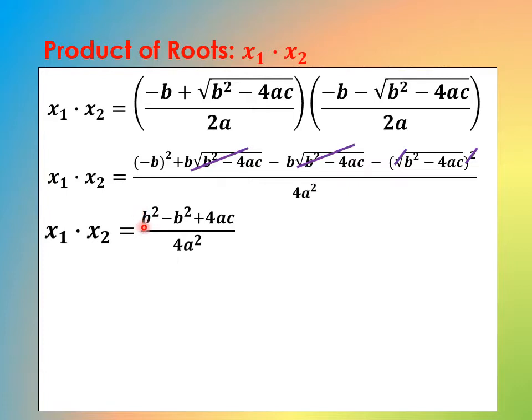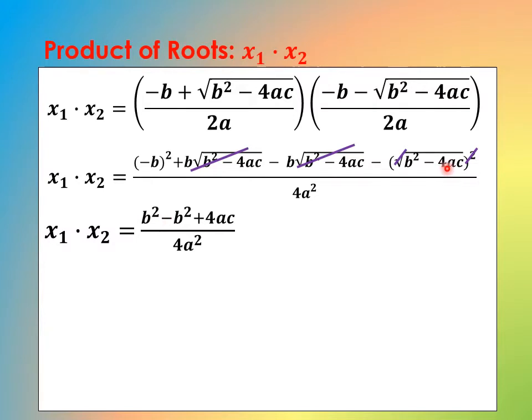Therefore, we have here b squared minus b squared plus 4ac over 4a squared. Bakit ganito na lumabas sa ating numerator? Okay, ganito yan. Negative b quantity squared, meaning nun, negative b times negative b. So, negative b times negative b, that is equal to positive b squared.